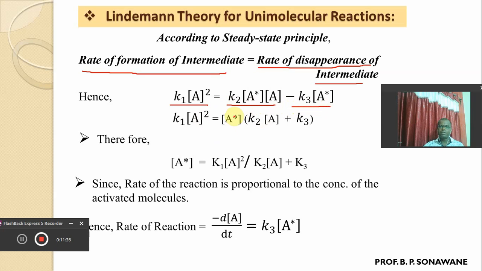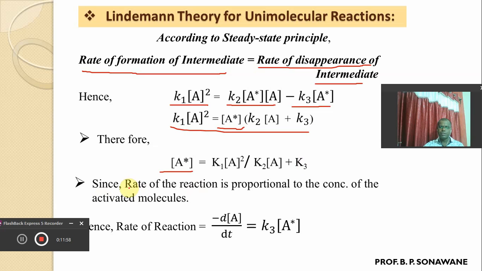Suppose I take A star as common between these two, so in the bracket there will be only K2 into A plus K3, and now I want to write this equation for A star. So A star will be equal to this divided by this, that is, K1 into A squared divided by K2 into A plus K3.